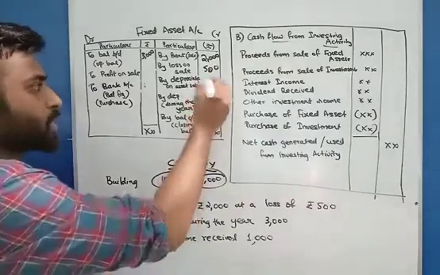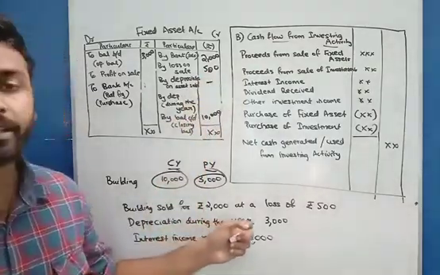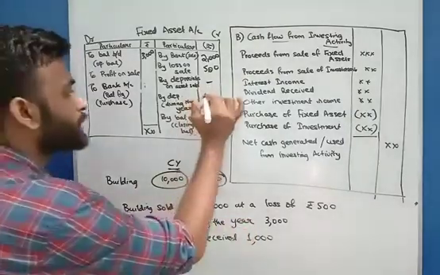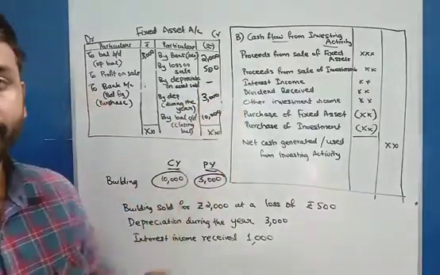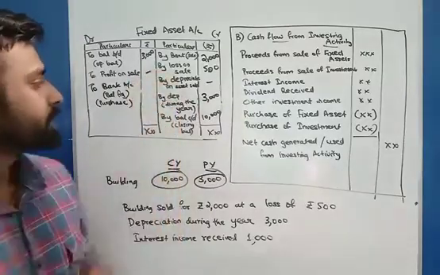Depreciation on sold asset is not given. Depreciation during the year was 3,000, so by depreciation we mark 3,000. That is a fall in asset value. There is no profit on sale.